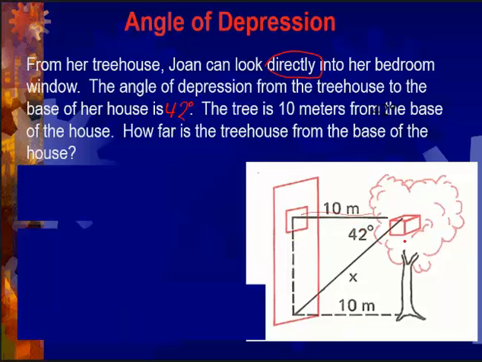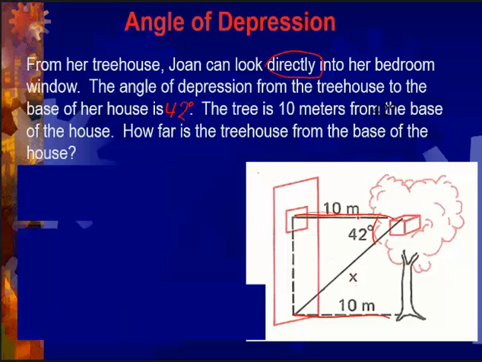The angle of depression to the base of her house is 42 degrees. So we draw that line looking down to the base of her house and we put in 42 degrees. The tree is 10 meters from her house. So if this is 10 meters down here, then it's going to be 10 meters from where she is to her bedroom window.